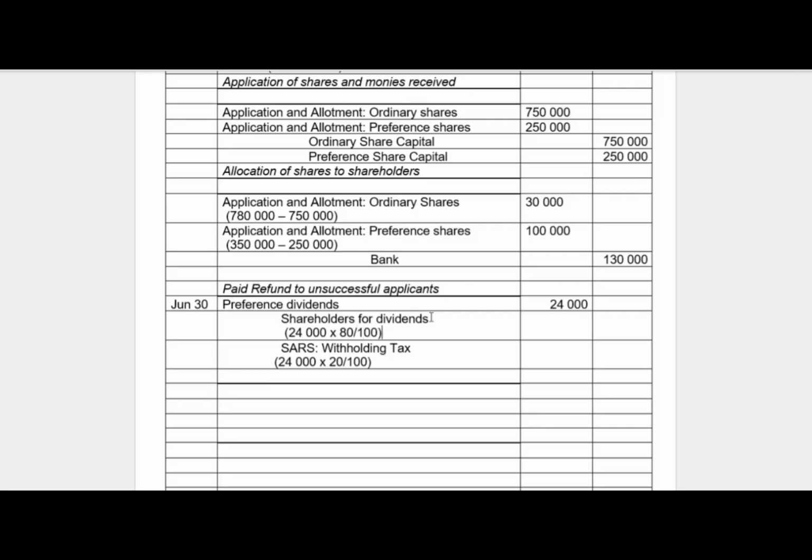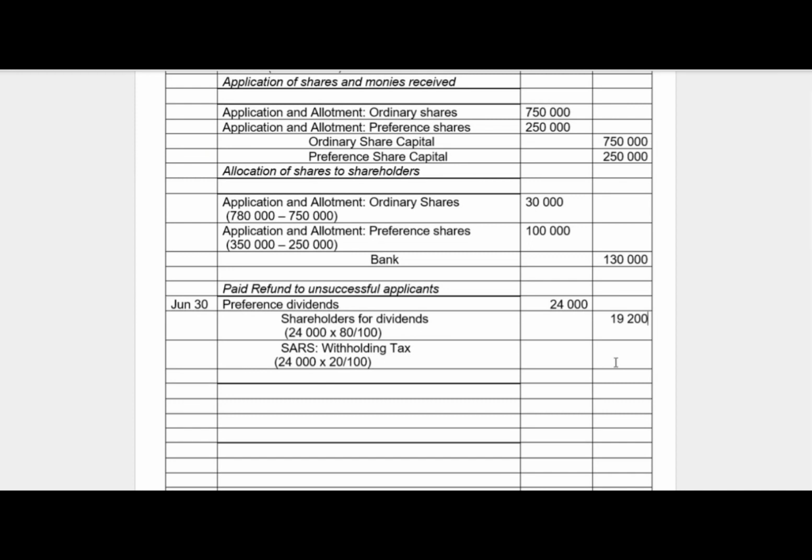All right. So how much is our shareholders for dividends right there? Quickly, let's do that calculation. It's going to be 24,000 multiplied by 80 divided by 100. I'm getting 19,200. All right.